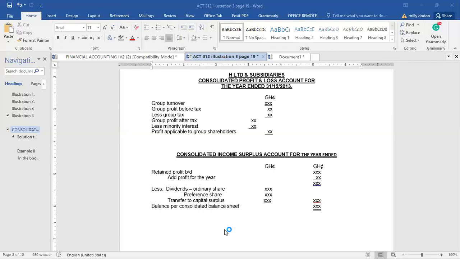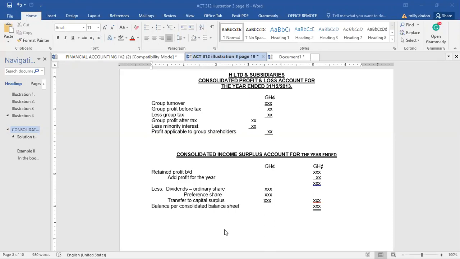Interest. Intra-group balances are eliminated when we were doing the balance sheet. I told you that intra-group balances are eliminated. The same principle applies over here. So when we get to intra-group balances, where you have intra-group interest, intra-group dividends, you eliminate those ones.